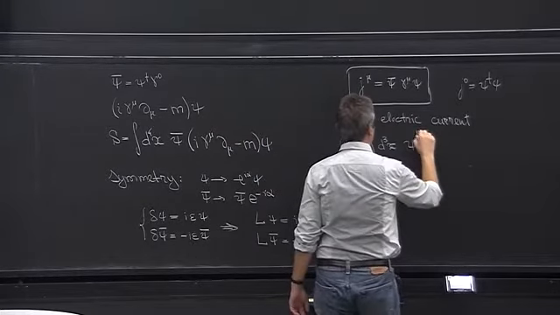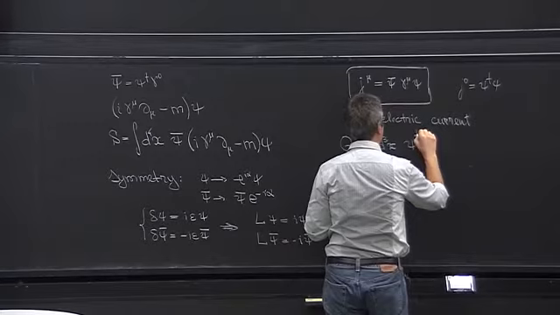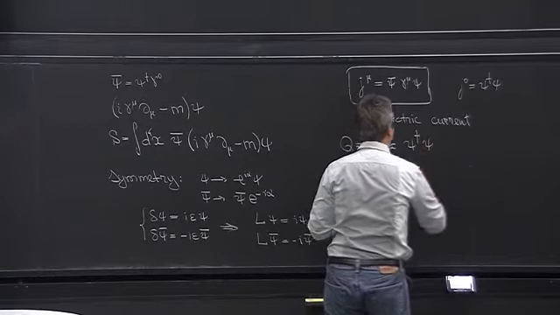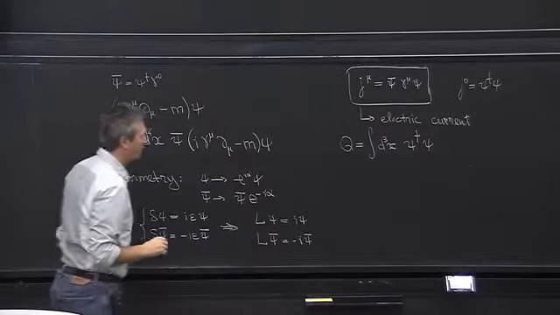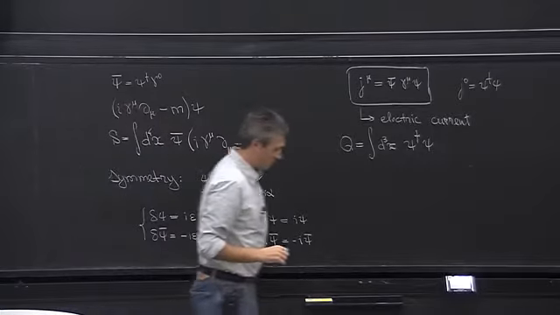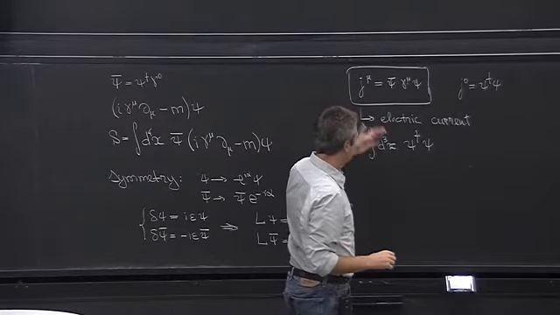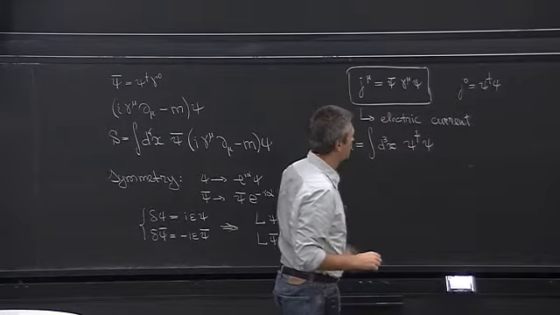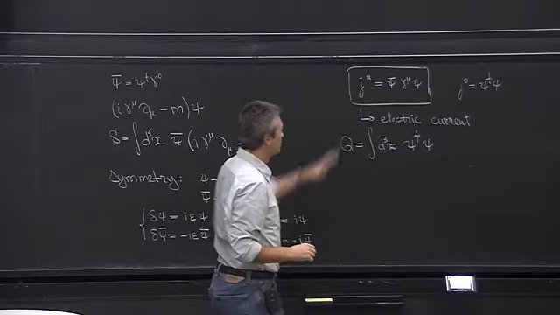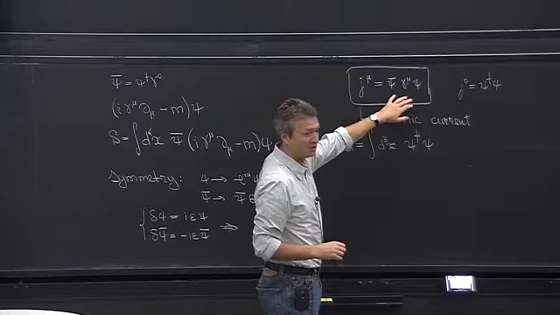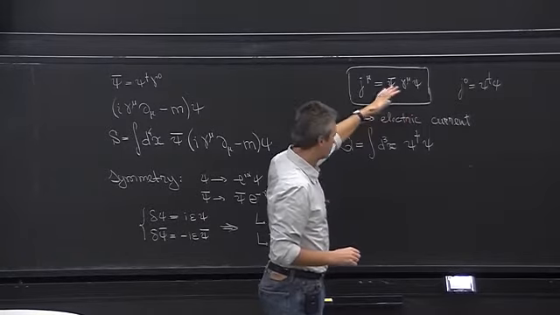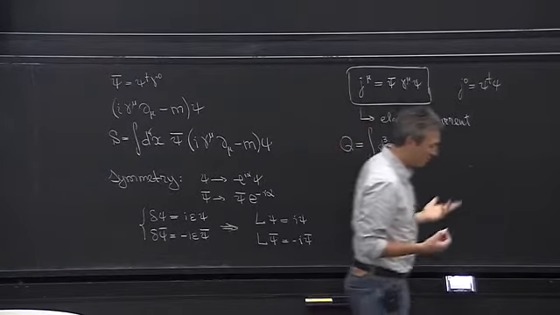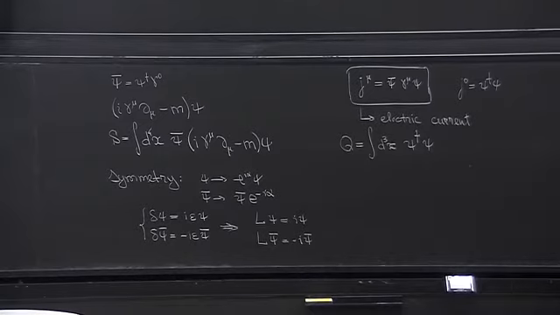So the charge is then equal to the integral of psi dagger psi, which we started off with yesterday and showed that this is not really a Lorentz scalar. So from here you see that this is actually a zeroth component of the 4-vector, so it has the right transformation properties to be the charge density.